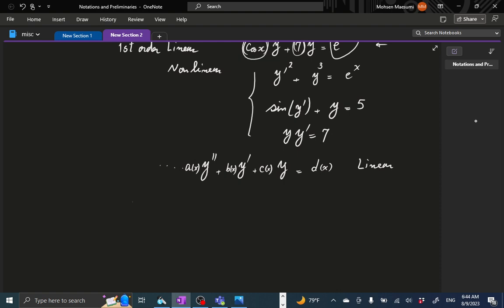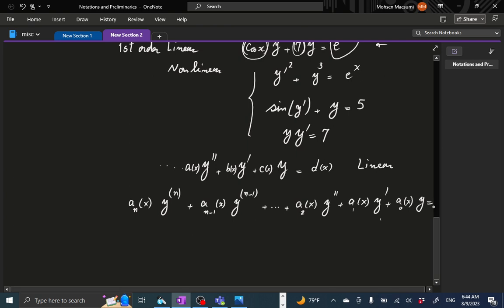Instead, we write something like this: a_n of x times y, the nth derivative, and a_{n-1} of x times y, the (n-1)th derivative, and so on down the line, a_2 of x y double prime, a_1 of x y prime, and then if you wish, a_0 of x y is equal to, well, I ran out of things. Let's call the right-hand side, say, b of x.